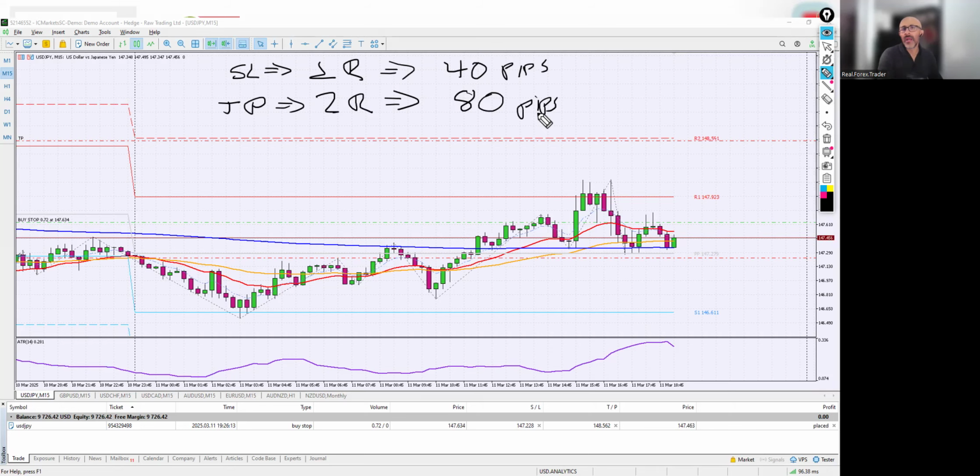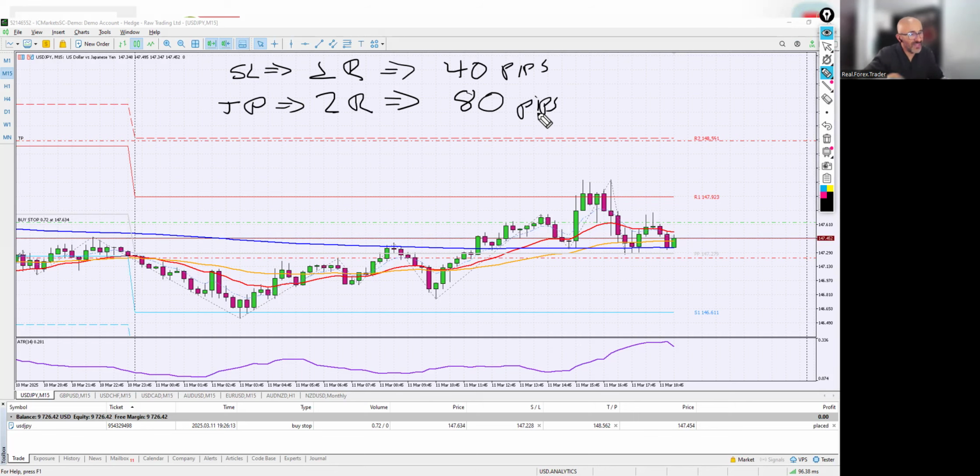Of course, I can calculate it for 3, 4, 5R, but I must be realistic, right? I cannot be greedy. I have to place trades that are logical, that the market, according to the movement, according to the breathe out and breathe in of the currency pair, is going to reach that level.